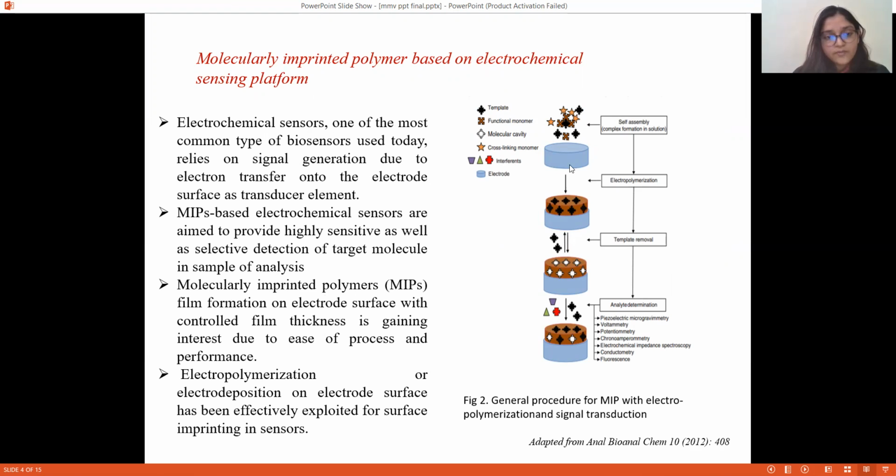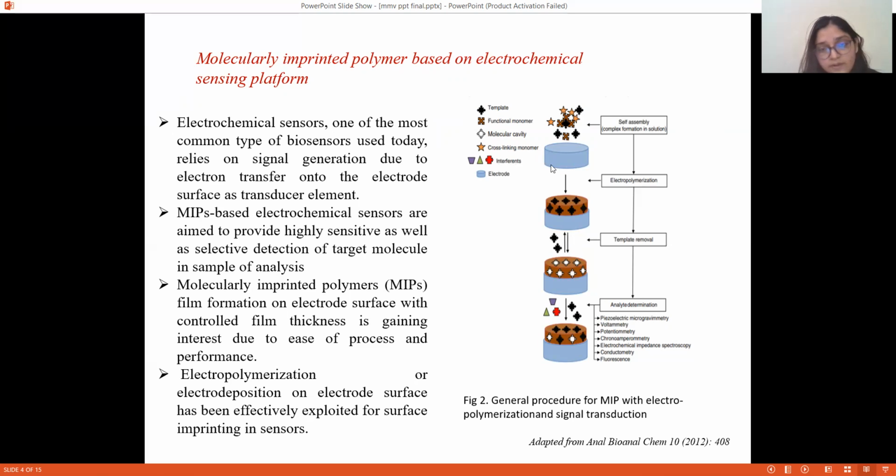Molecularly imprinted polymer film formation on the electrode surface with controlled film thickness is gaining interest due to its ease of preparation and performance. Electropolymerization or electrodeposition on the electrode surface have been effectively exploited for surface imprinting and sensors.